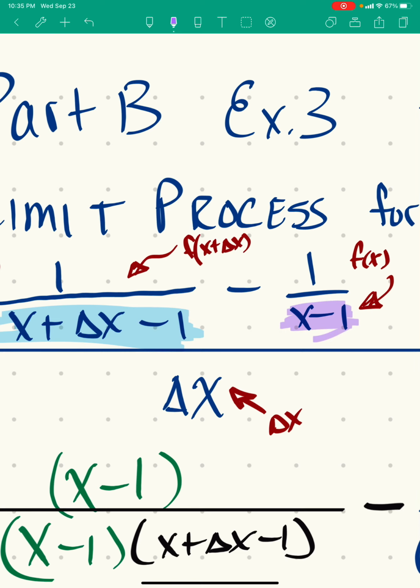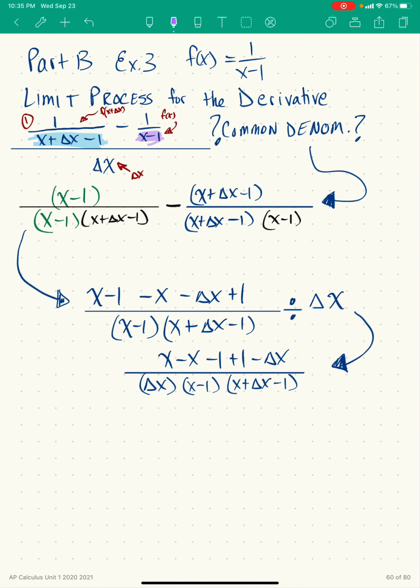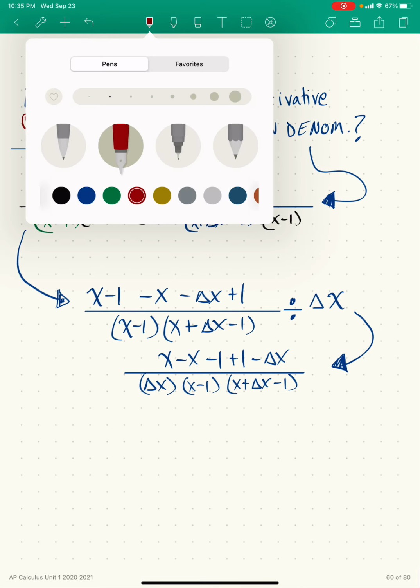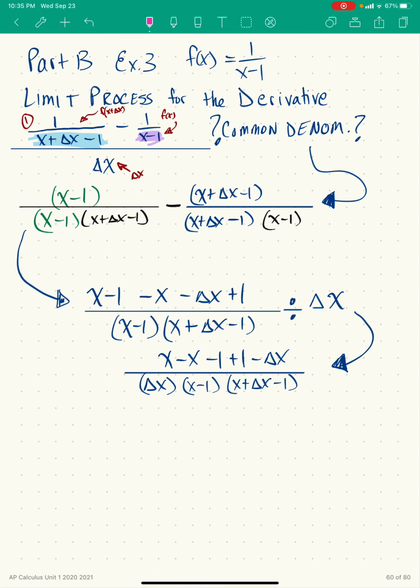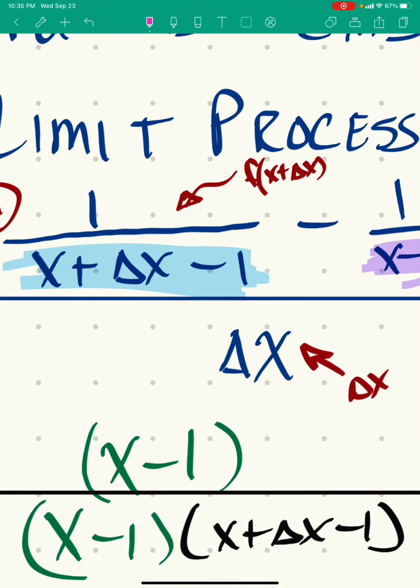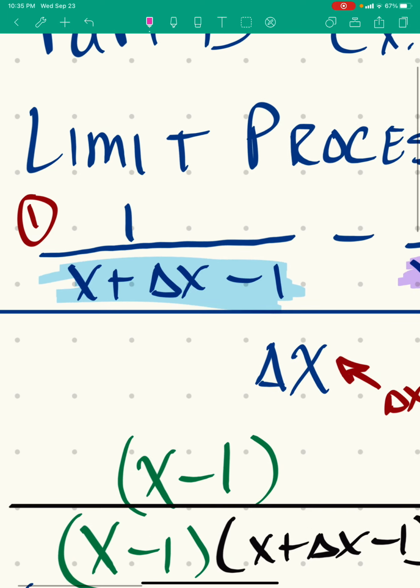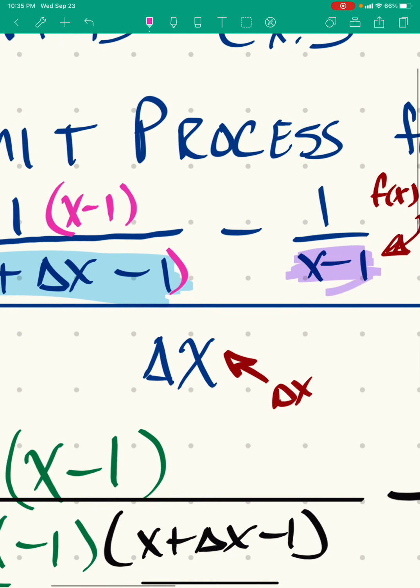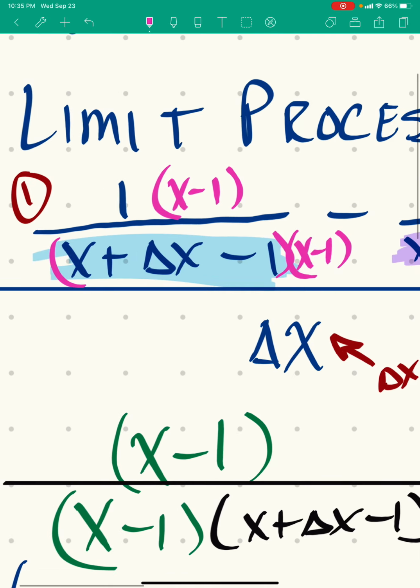So essentially what we're going to do, and let's use a color here that'll stand out, let's use pink. What we're really going to do is multiply both of these sides. So this first fraction is actually going to be multiplied by x minus 1. So we're going to get an x minus 1 here, and then we know in algebra, if we do something, we have to make it cancel itself out so that it's almost like we multiplied by 1.